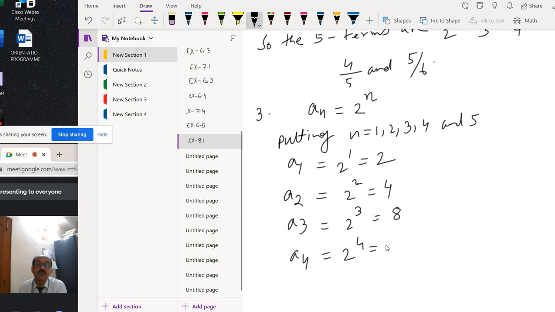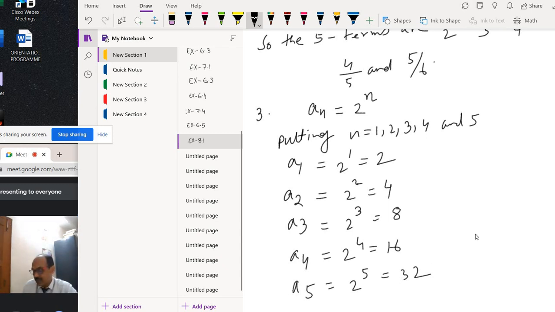Then 2 to the power 5, which is 32. So the 5 terms are 2, 4, 8, 16, 32.